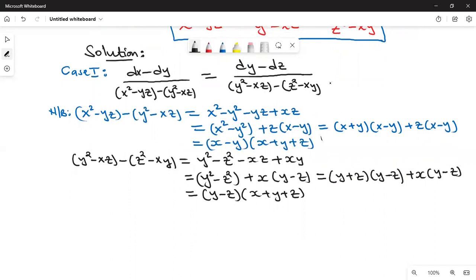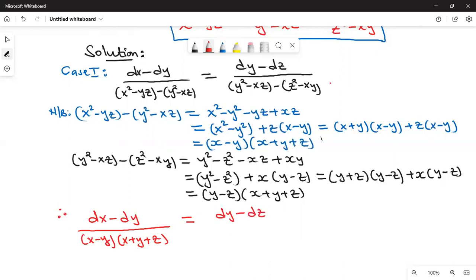Therefore, dx minus dy over, after factorizing, x minus y times x plus y plus z, is equal to dy minus dz over y minus z times x plus y plus z.